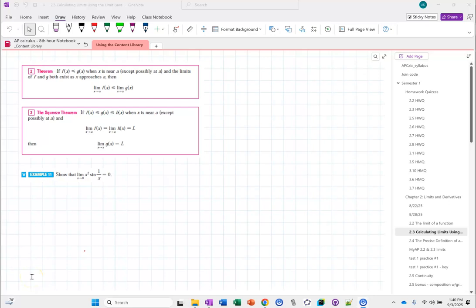In 2.3, there's something we didn't get to that I want to talk about here. Then we're going to go into 2.5, and the class after that will be kind of a pause.